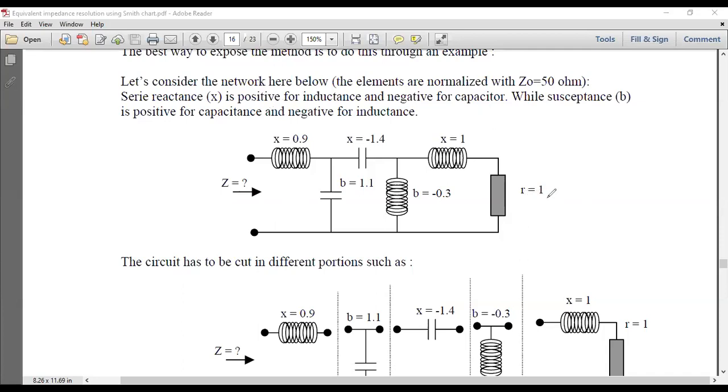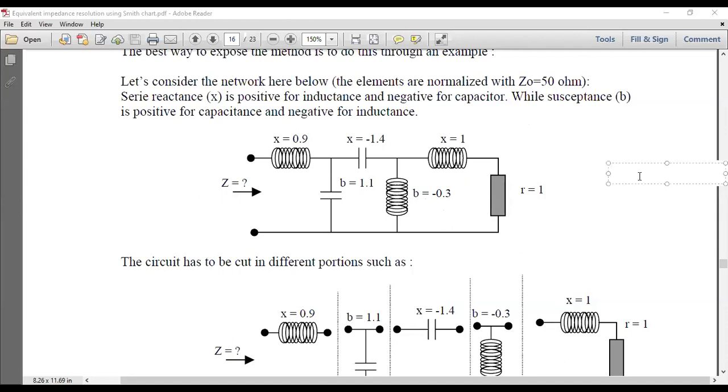So this is R equals 1 ohm. This is X. X does not mean the inductance value. It is a reactance value. So the reactance value is 1. What is reactance?